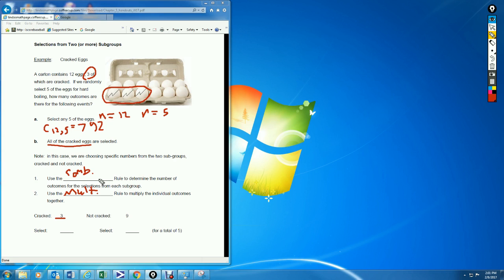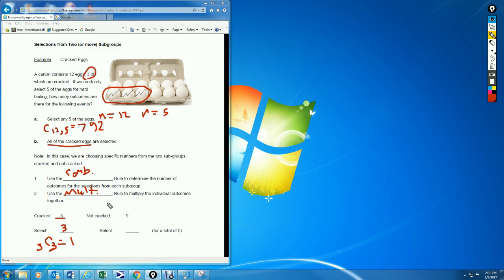Intuitively, we know there's only one way. You're picking all 3 of the cracked eggs. So that makes sense. So there's 3 cracked eggs, and I'm selecting 3. In other words, I'm doing 3C3, which if you do that on your calculator, which you should, is equal to 1.